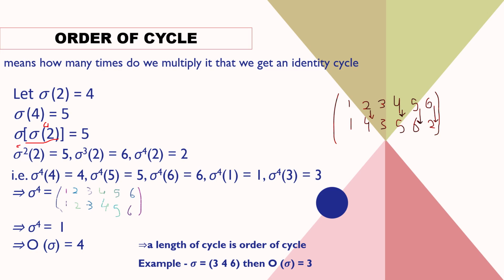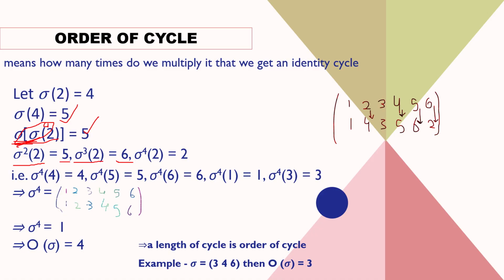Then the image of 4 is what? It's 5, right? So this is what you get, 5. Then this means that image of 2, you did 2 times, right? So you get 5. Then if you do it 3 times, you will get 6. You can perform and see, right?